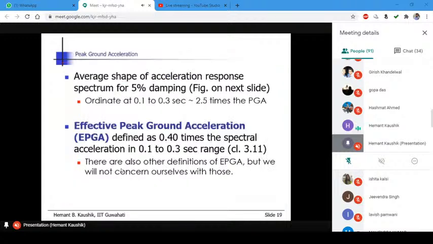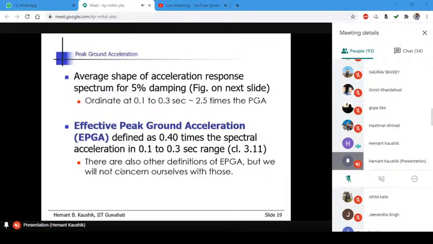The average shape of acceleration response spectrum for 5% damping. Now we will see the next slide. What is the change in the shape of the spectrum? Again, there is another definition which is effective peak ground acceleration. See, these are the terms developed by seismologists to define several regions in the response spectrum.